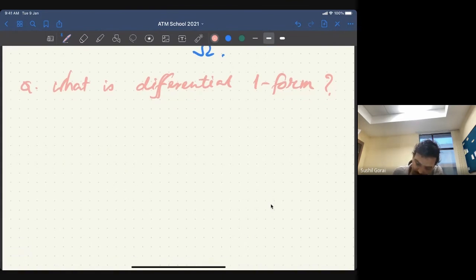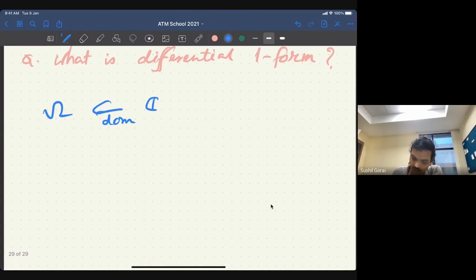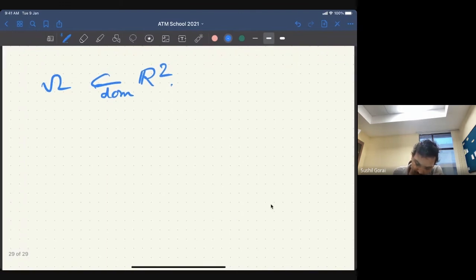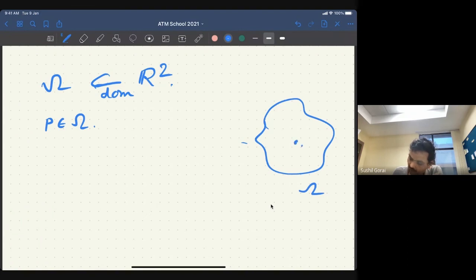So here, consider a domain omega in C, let's look at C only, R2. Now let's look at a point P in omega. Omega is a domain here, P is there.